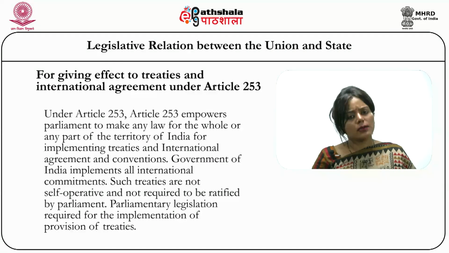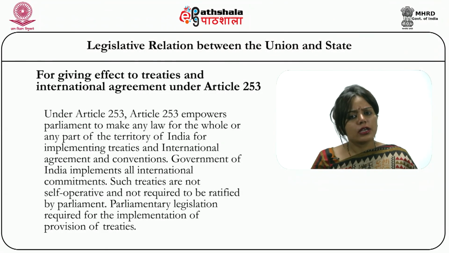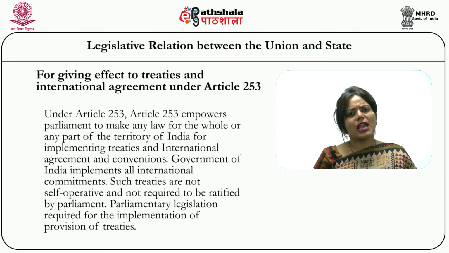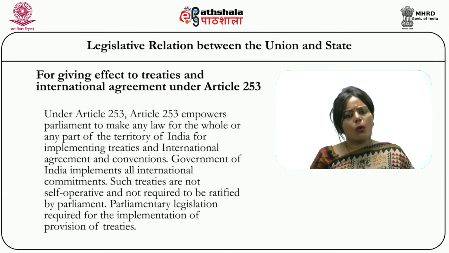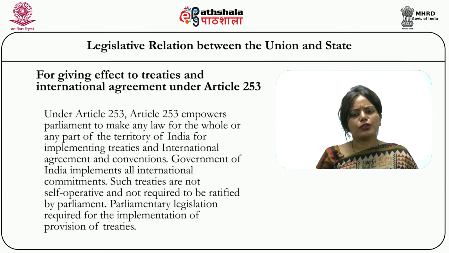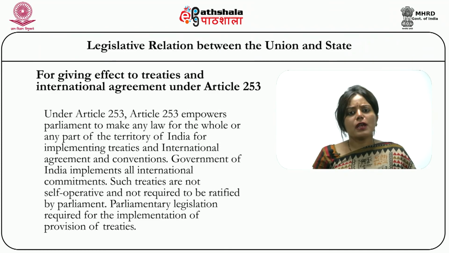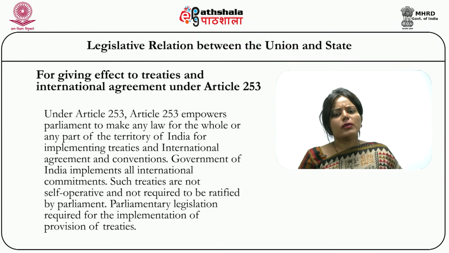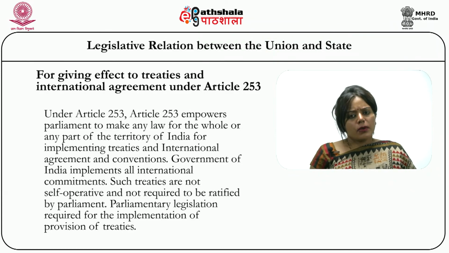Under the same Article 253, Parliament is empowered to make any law for the whole or any part of the territory of India for implementing treaties, international agreements and conventions. The Government of India implements all international commitments.